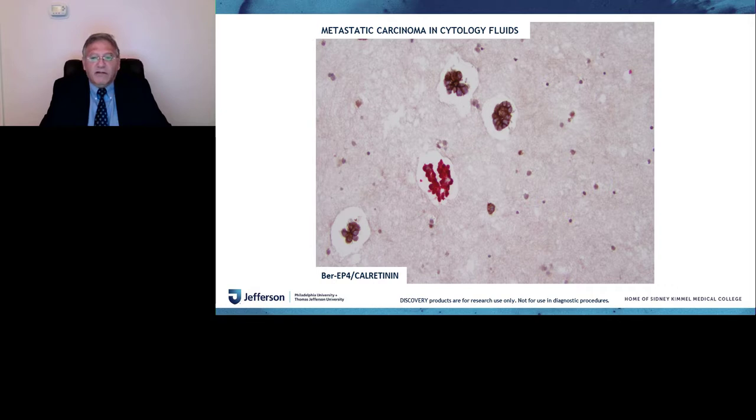That means if you have an epithelial cell in the fluid that is not a mesothelial cell, by definition it is malignant. And the calretinin is the red stain that actually shows you the benign mesothelial cells present in your specimen. So, double stain BerEP4 calretinin for identification of metastatic carcinoma in cytology fluid.